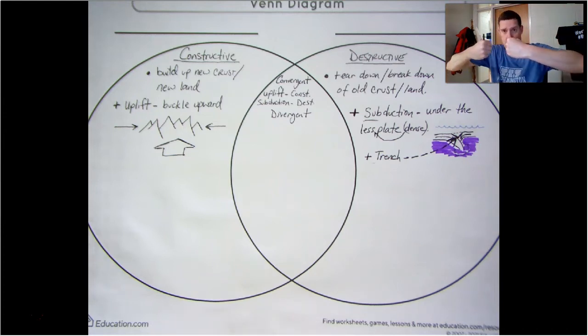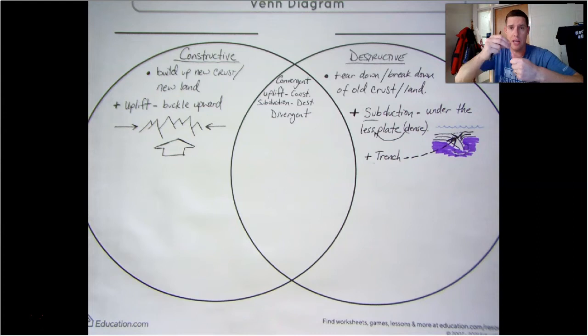Whenever you have two plates that are separating, most likely you're going to have asthenosphere coming up through that crack and having these small or large volcanic eruptions, and you're building new crust in those gaps where the plates have torn apart.